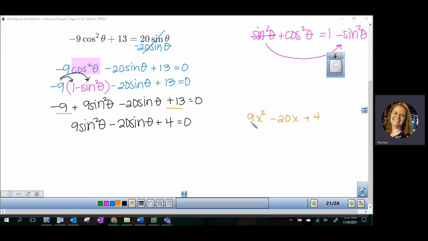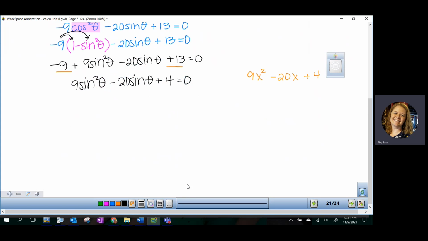You still got the coefficient of 9, and then instead of sine squared, think of it as just x squared. Minus 20, instead of sine of theta, just think of it as x, plus 4. So if it's easier for you to factor it with just x's instead of trig functions, do that. And then sub the trig function back in at the end. It doesn't matter.